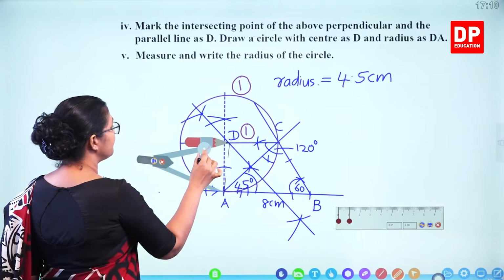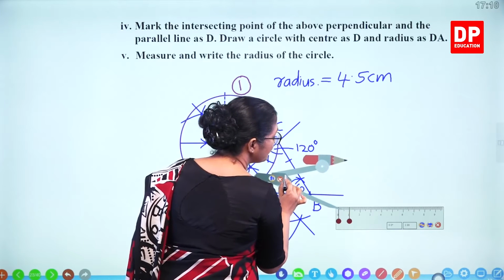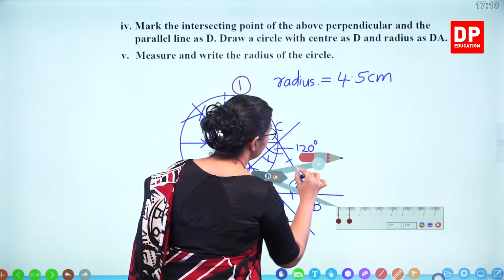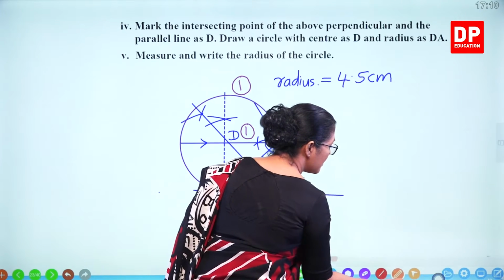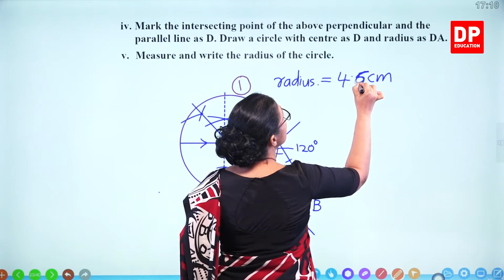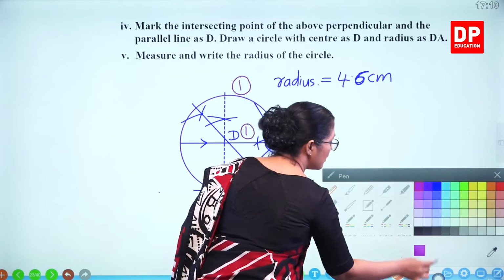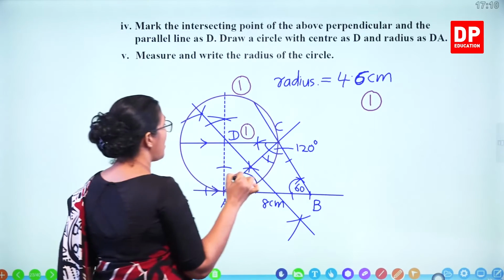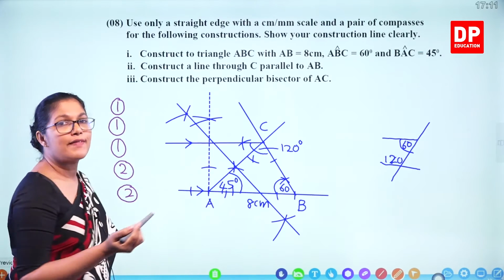Here to here, the radius of the circle. We'll measure and see. I'm getting 4.6 as the answer, not 4.5. So 1 mark for this answer. So 3 marks and earlier 7 marks, altogether 10 marks.